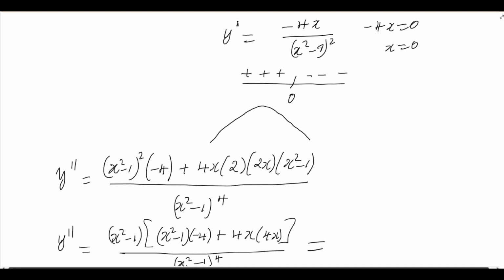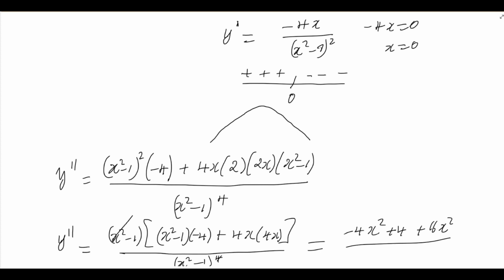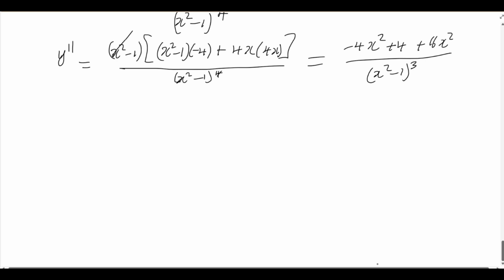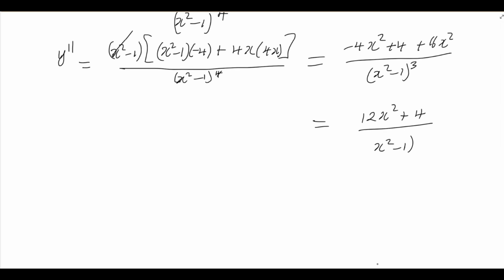So we can see that this will simplify to 3, and we can open up that to be -4x squared plus 4, and plus 4 times 4 is 16x squared, divided by (x squared minus 1), all that cubed. So this is our second derivative, and we can further simplify 16x squared minus 4x squared. I think that would be 12x squared. So this will be 12x squared plus 4 divided by (x squared minus 1), all that cubed.